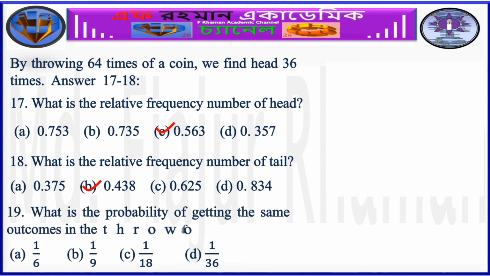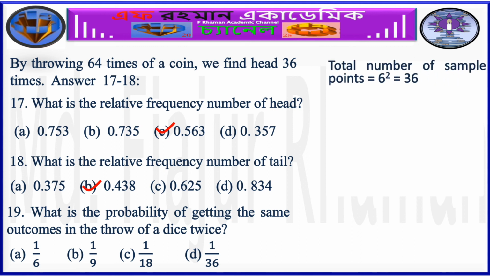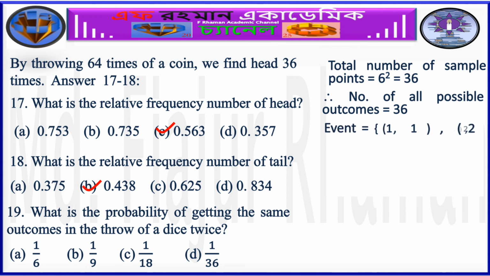MCQ 19. What is the probability of getting the same outcomes in the throw of a dice twice? Total number of sample points is equal to 6 square is equal to 36. Therefore, number of all possible outcomes is equal to 36. Event is equal to set of (1,1), (2,2), (3,3), (4,4), (5,5), (6,6).